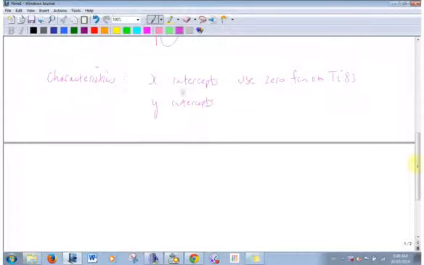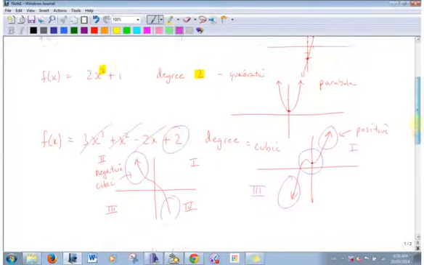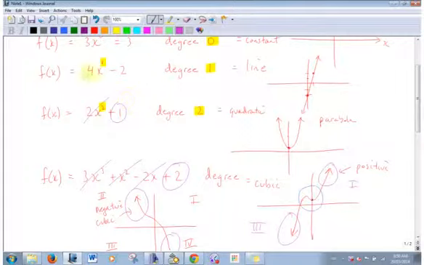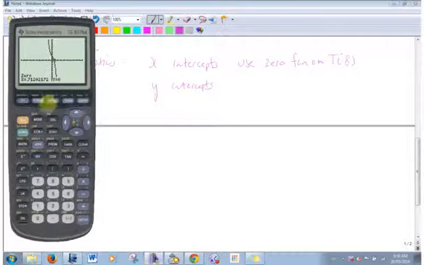Y-intercepts. This is usually easier just with algebra. Like I say, what happens at the y-intercept? X is 0. That's 2. X is 0. That's 1. X is 0. That's negative 2. You shouldn't even use your calculator, but there still is a way to do it. So you graph it. You've got that.